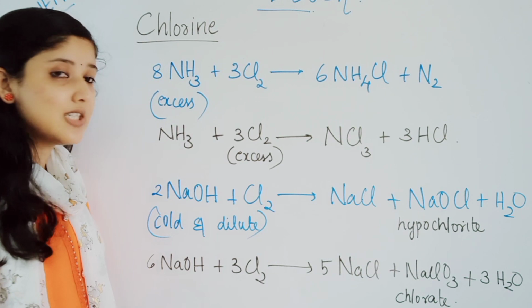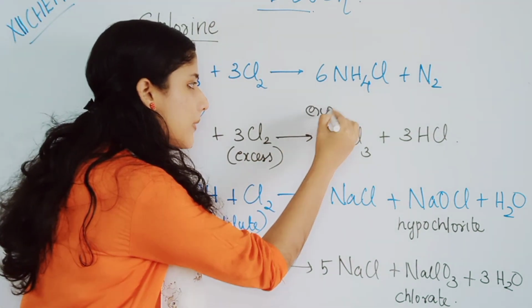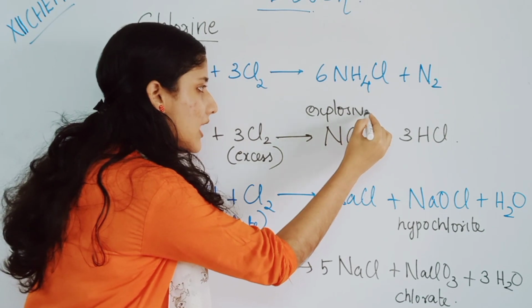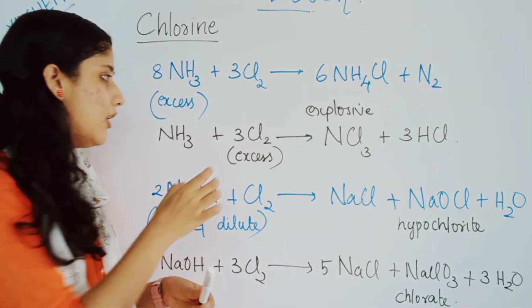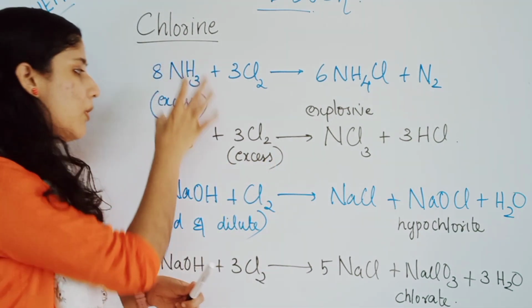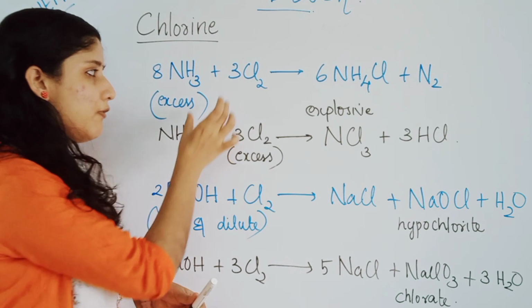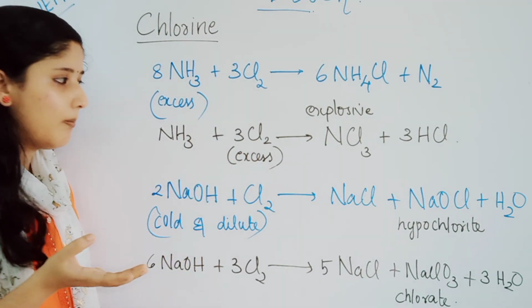NCl3, nitrogen trichloride, and it is an explosive. So when ammonia is in excess, we obtain ammonium chloride, and when chlorine is in excess, we obtain nitrogen trichloride. Two important reactions: different products are obtained when each one is taken in excess.